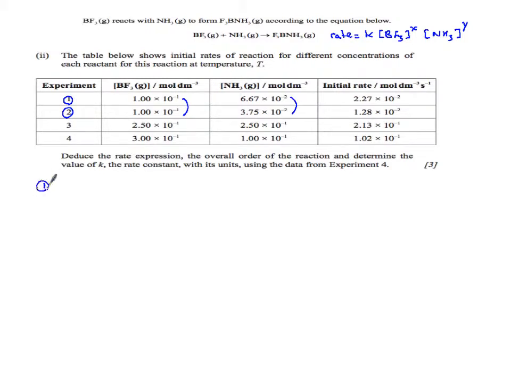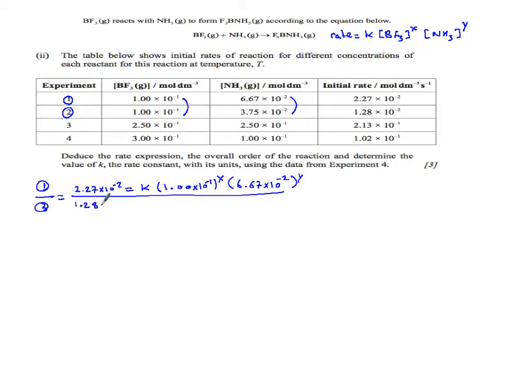So experiment 1 divided by experiment 2: the rate of experiment 1 is 2.27 times 10 to minus 2 equals K times the concentration of BF3 to power X, which I don't know, times the concentration of ammonia to power Y, which I don't know, divided by the rate of experiment 2, which is 1.28 times 10 to minus 2 equals K times 1 times 10 to minus 1 raised to power X times 3.75 times 10 to minus 2 for the concentration of ammonia raised to power Y.